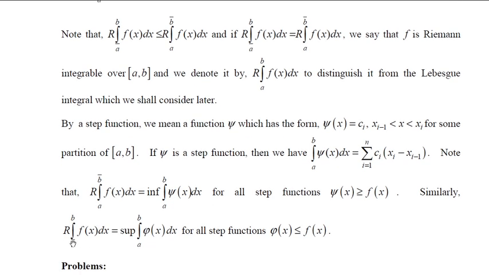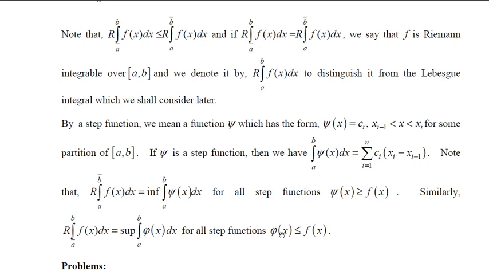Similarly, the lower Riemann integral is nothing but the supremum of integral a to b phi(x) dx, where phi(x) is less than or equal to f(x), because integral a to b phi(x) dx is less than or equal to integral a to b f(x) dx. You should note that our lower Riemann integral and upper Riemann integral satisfy the condition: lower R integral a to b f(x) dx is less than or equal to integral a to b f(x) dx, which is less than or equal to the upper integral a to b f(x) dx.